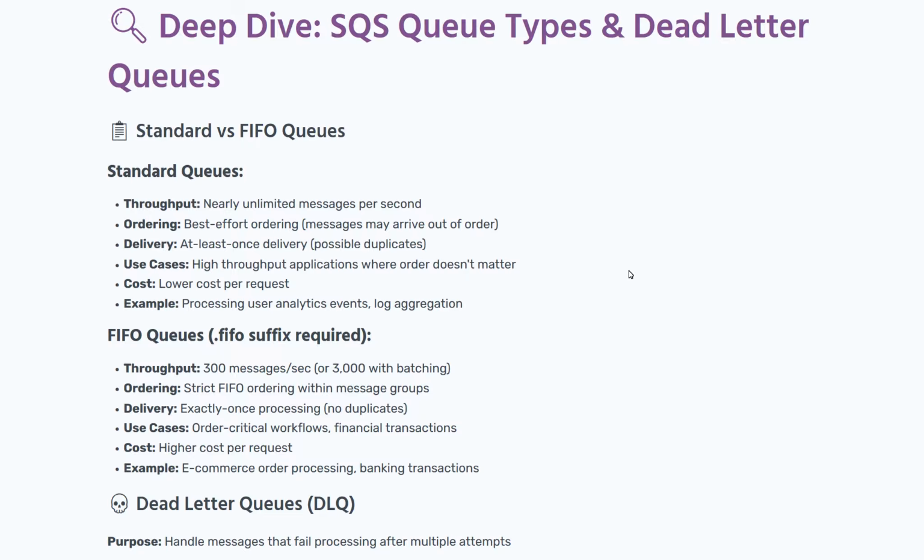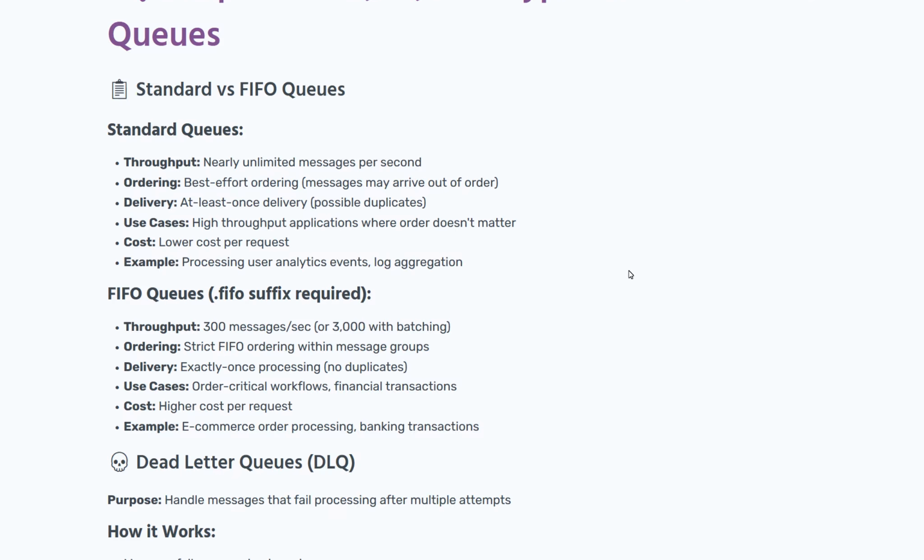Okay, so a deep dive: SQS queue types and dead letter queues. What are the different types of queues in Simple Queue Service? Standard versus FIFO. For throughput, standard queues have nearly unlimited messages per second with best-effort ordering. Messages might arrive out of order; a message generated earlier can arrive later.